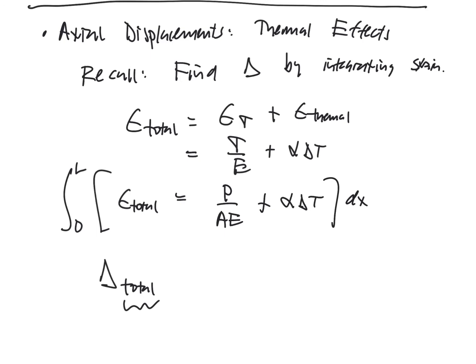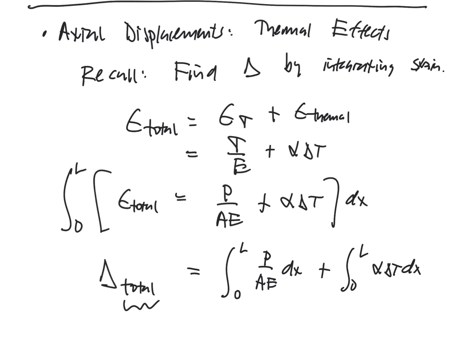We always clearly want the total displacement, but we'll leave it there just to emphasize it right now. That's going to be equal to the integral of the mechanical strain, P over AE dx, plus the integral over the length of the bar of alpha delta T dx. Now, clearly, alpha could change in part of the bar.